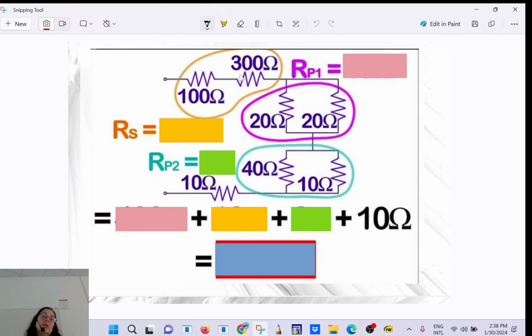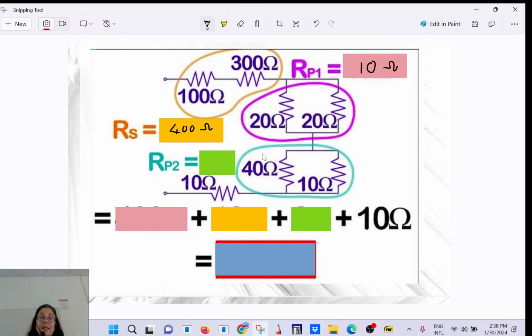So this one, the 100 and 300, they are in series, okay? They follow each other. It's like a big zigzag. So it's gonna be 400. And then those two are in parallel. Yes? 10. So it's gonna be 10, very good, 10.